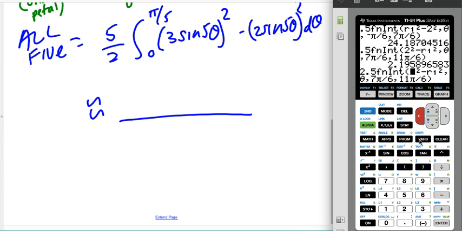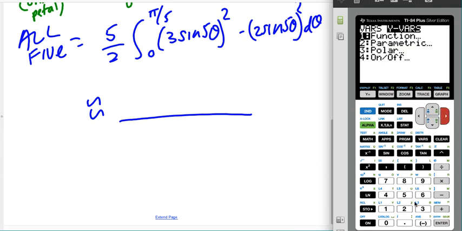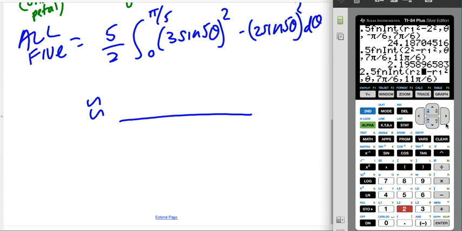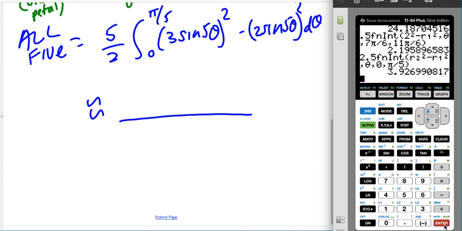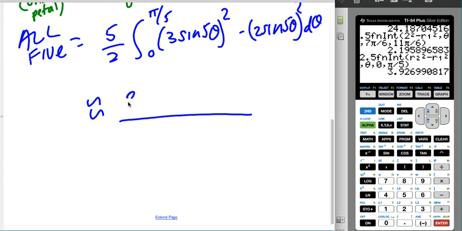In this case, my R2 was the big one, so I go to var over to yvars, polar, and pick R2 squared minus R1 squared from 0 to pi over 5. Then we should be good. I get that value, and that's all of them because I did the 2.5, so that's 3.926 or 927, depending on if you round or truncate.